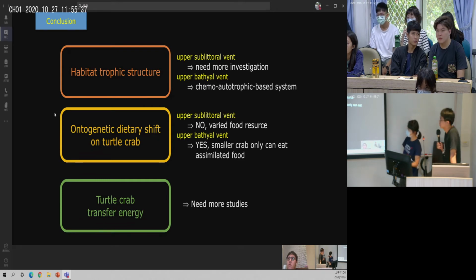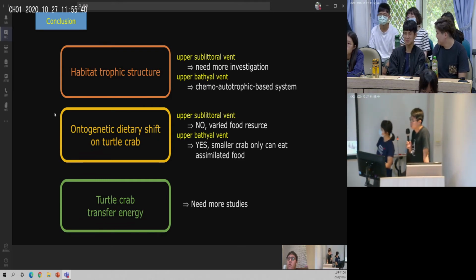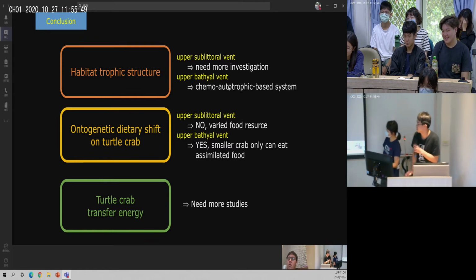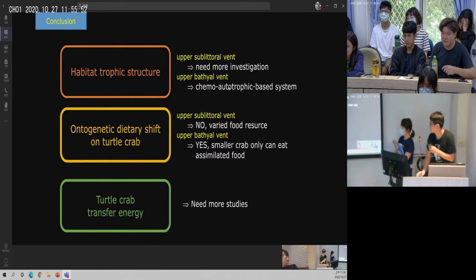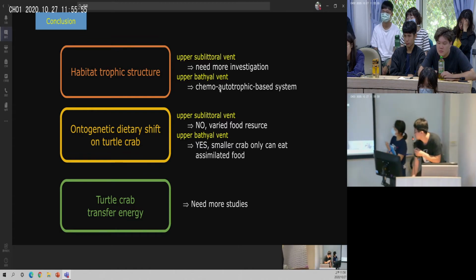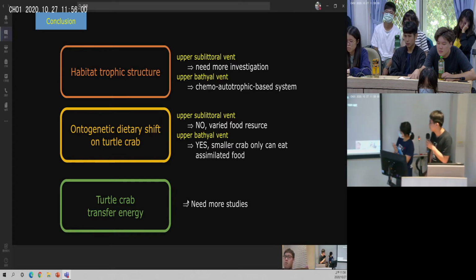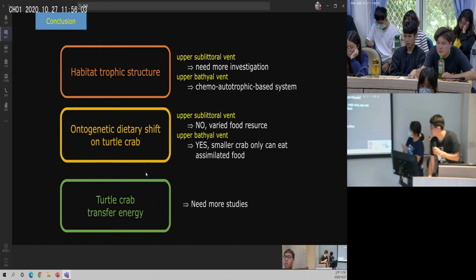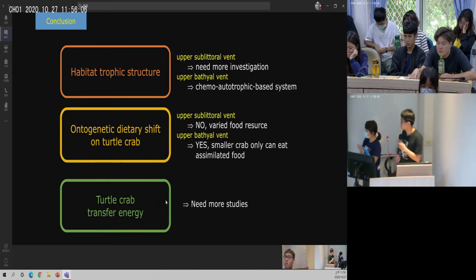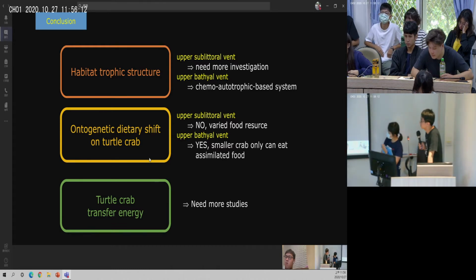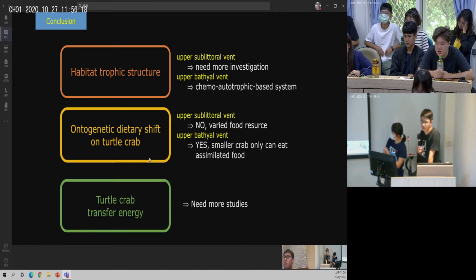The first is what the food resource of this food web is, whether chemical autotroph or photosynthesis. Our research shows the upper bathyal vent is chemoautotroph. And second, we want to know whether the turtle crab matches their hypothesis. The data say yes about the vent. But on the energy transfer, it needs more studies. Yeah, thank you.